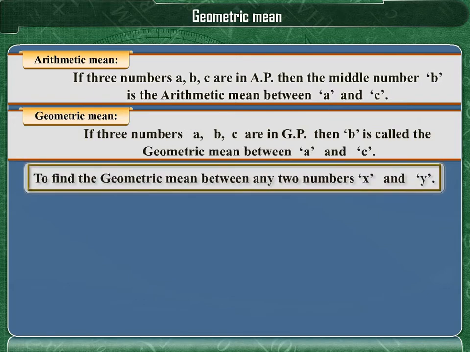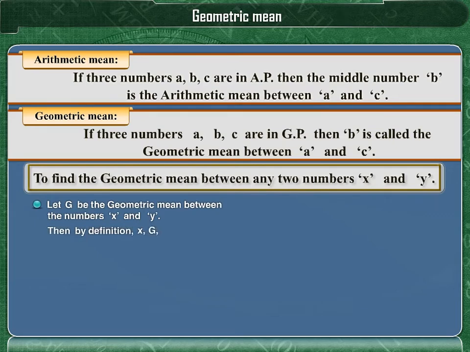We will now find the geometric mean between any two numbers x and y. Let G be the geometric mean between any two numbers x and y. Then by definition of geometric mean, x, g, y are in GP.